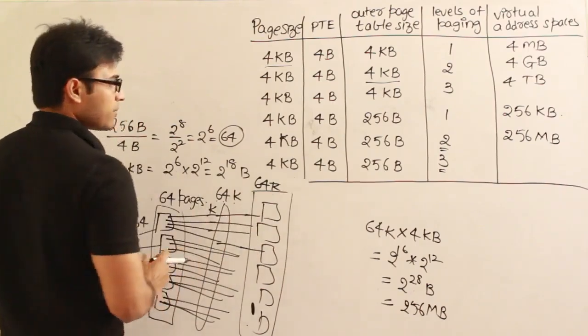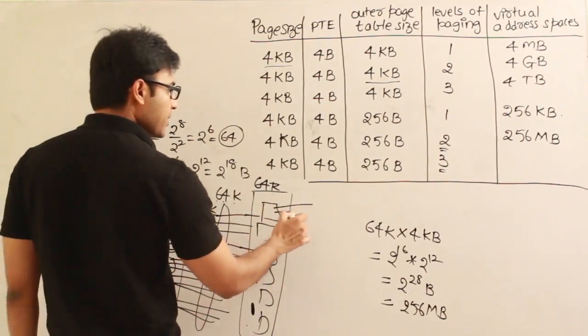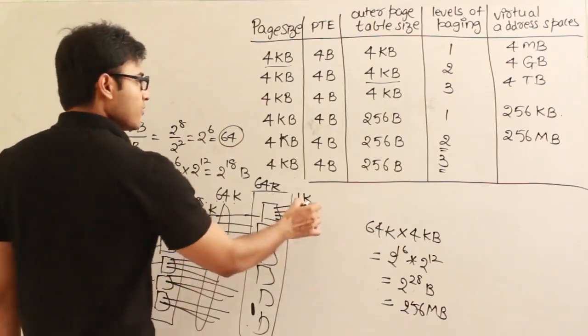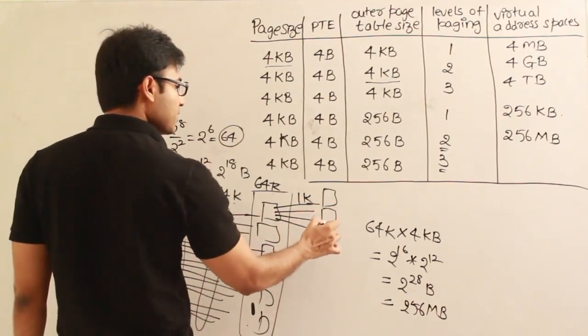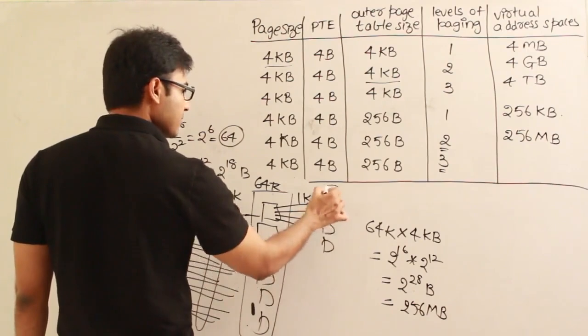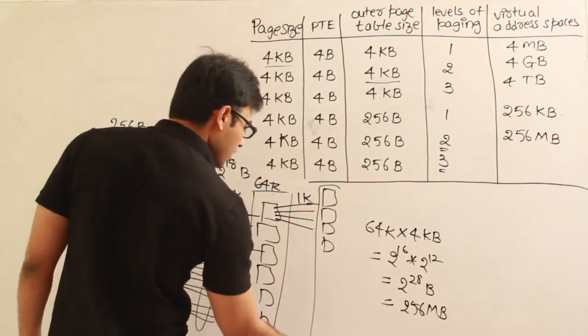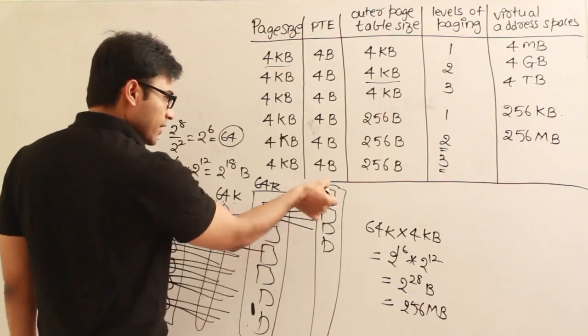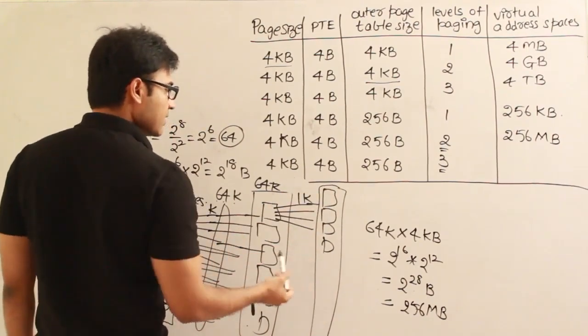So 64K pages are present, and each page will give out 1K entries, right? Therefore in the next level, how many pages will be present overall? 1K entries, and each entry is going to point to one page. Then how many pages will be present in this level totally?